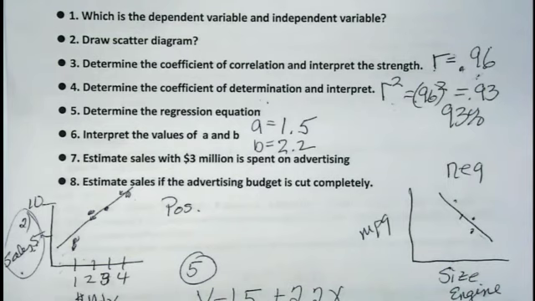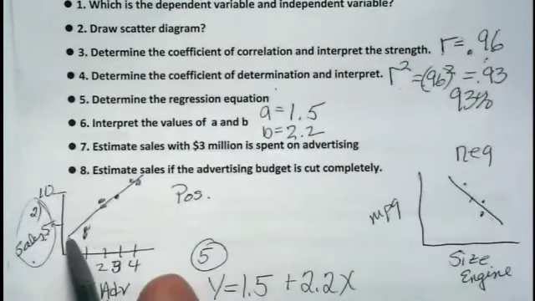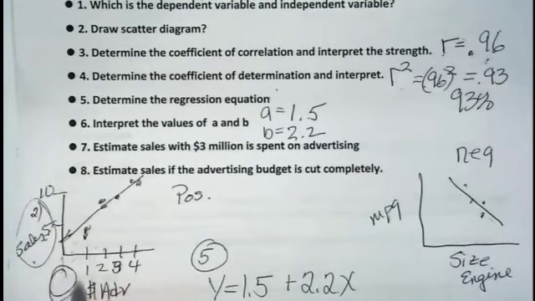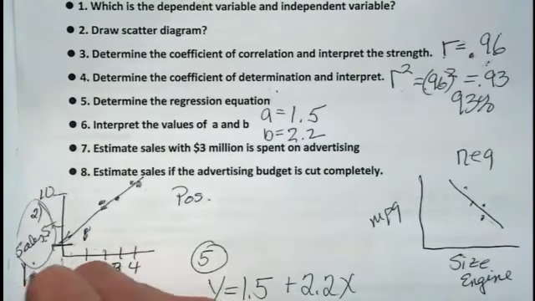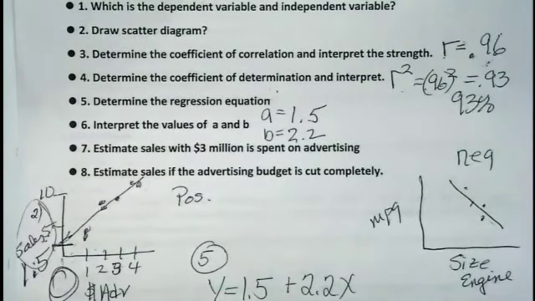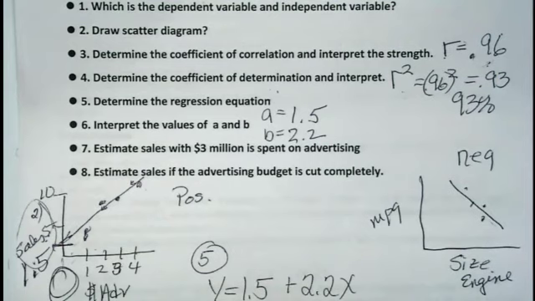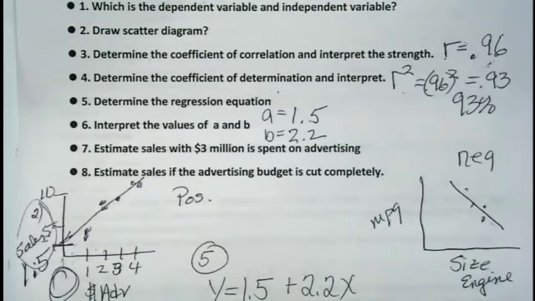Well, A is the y-intercept. It means if I spend 0 on advertising, I can still expect 1.5 million in sales. In other words, I substitute 0 in for X, and I get Y is 1.5 in sales.